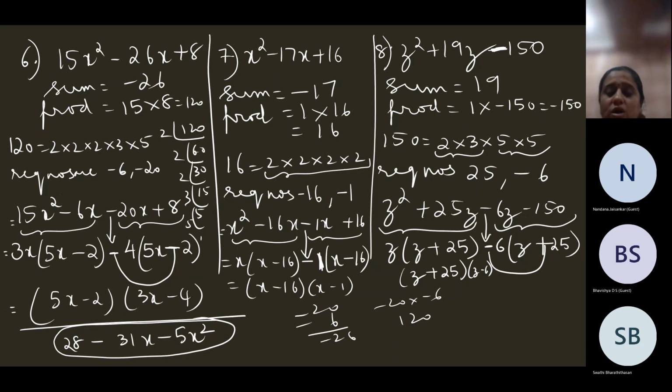So Bhavishya, you've gone wrong in selecting the two numbers. Yes, ma'am. Minus 17, minus 1 you've written. Minus 17, minus 1 will not give you sum 17, no? Minus 17, you'll get minus 18.